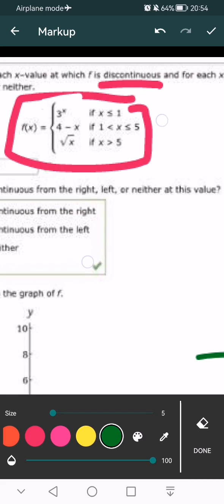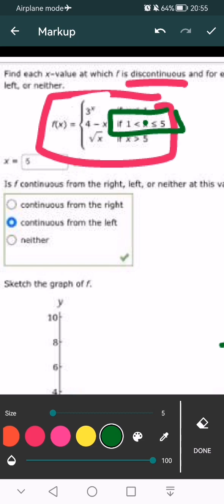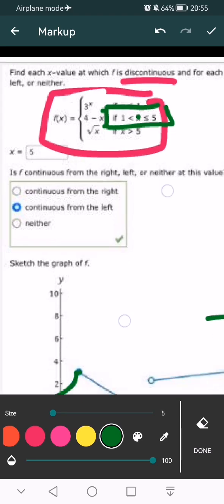Keep this in your mind: you have to draw, let's say, from 5 to 1. So let us say x is less than or equal to 5 and greater than 1, so it is 2 to 5. You can substitute here 1, 2, 3, 4, 5 and find the values and draw it.